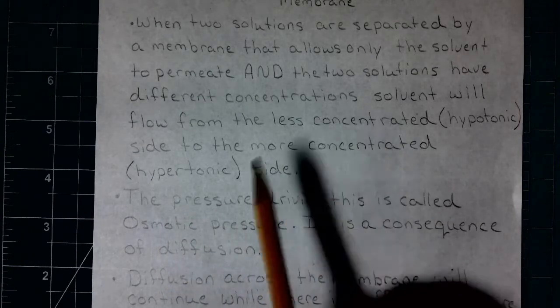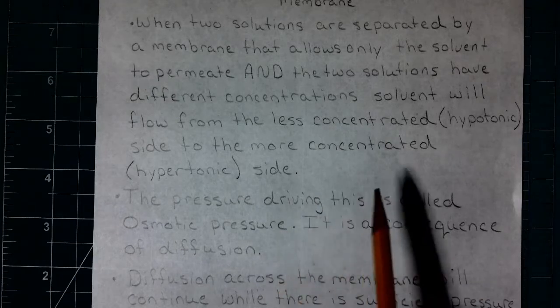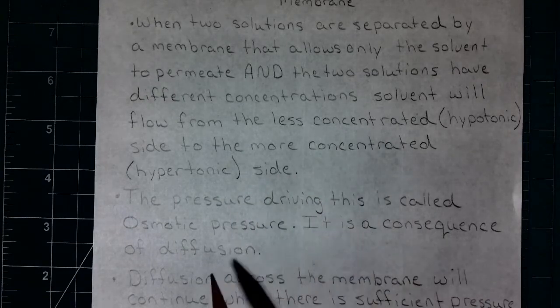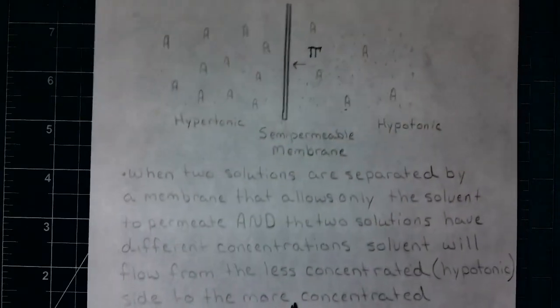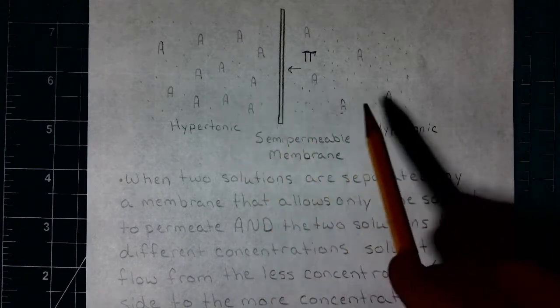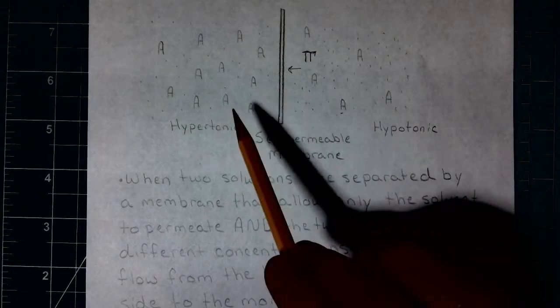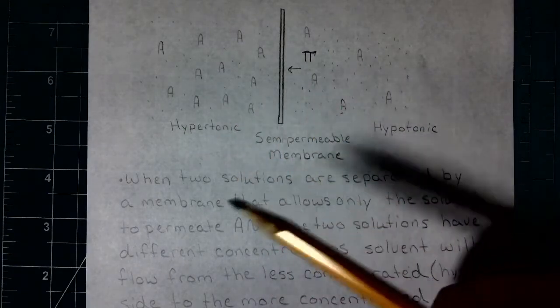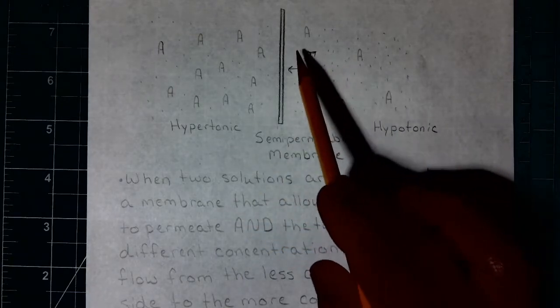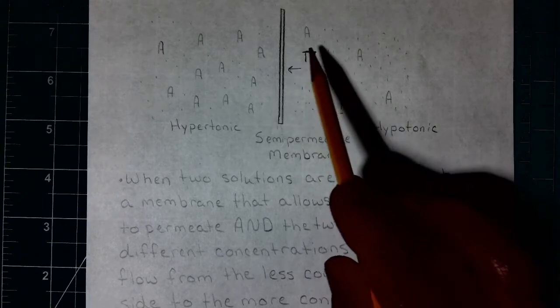So there's an actual pressure that's formed because of this difference in concentration, and that is due to diffusion. And we talked about that before. There's a higher concentration over here, and it wants to flow and even things out on both sides. And there's a pushing, driving force through there, which is usually symbolized by a capital letter pi.